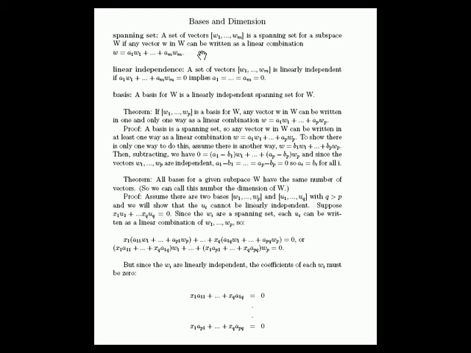Now, you can have a lot of other spanning sets, basically any two vectors that are not parallel. You can write any vector in the xy plane as a linear combination of those two. You can throw in a third vector. So for example, you could have a set of three vectors, i, j, and your third vector would be 1, 1, 0, say. Then still any vector in the xy plane can be written as a linear combination of those three.